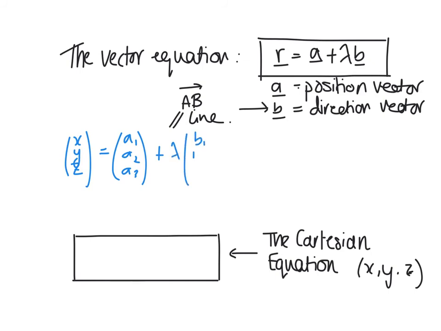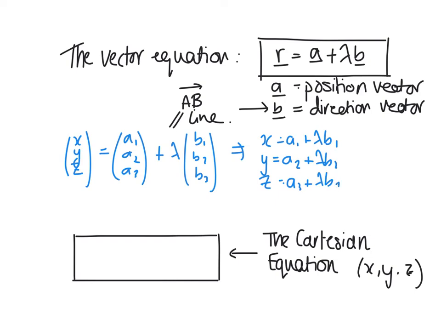So that would be us moving up and down the line. That would allow me now to say, well, x then is a1 plus lambda lots of b1. y is a2 plus lambda lots of b2, and z is a3 plus lambda lots of b3, just by effectively equating each individual line as it goes along.